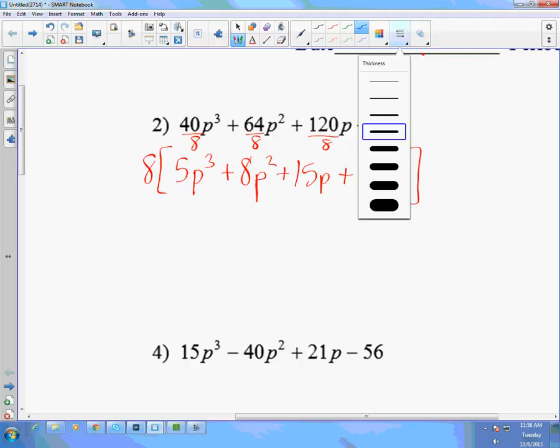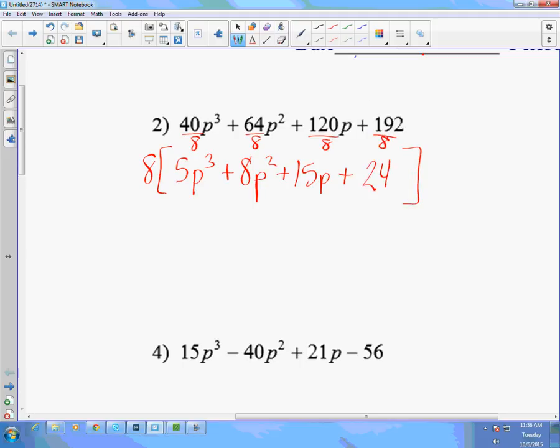After you have done that step, and you have 4 terms, you only do this method if there's 4 terms. After you've factored out the GCF, now we're going to group the first 2 within my brackets. Find another GCF. P squared.